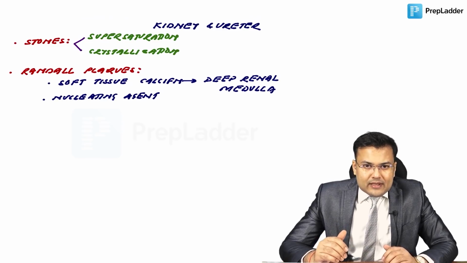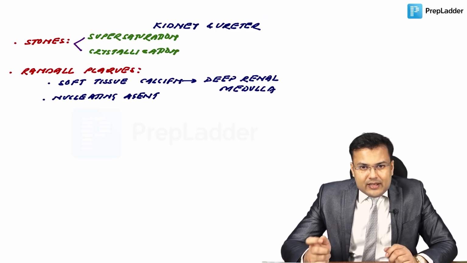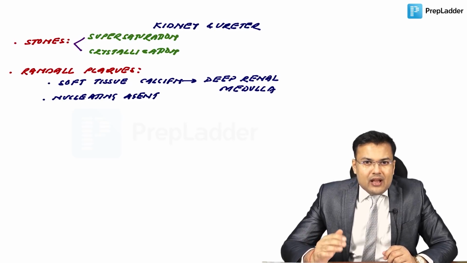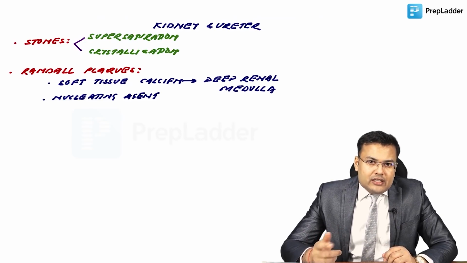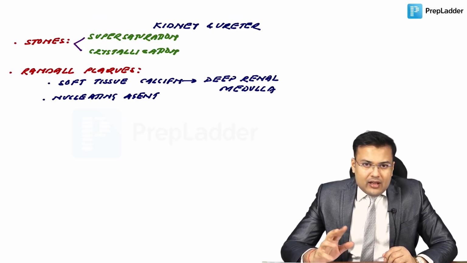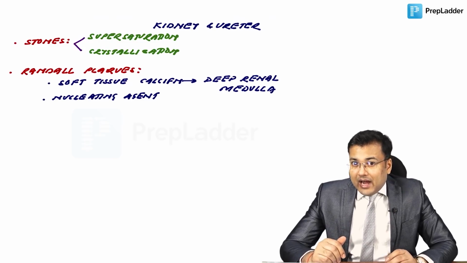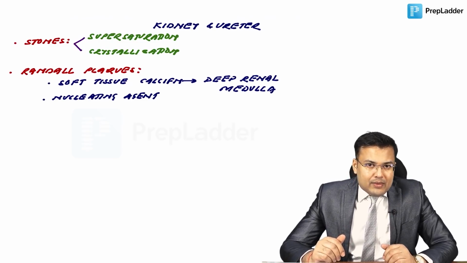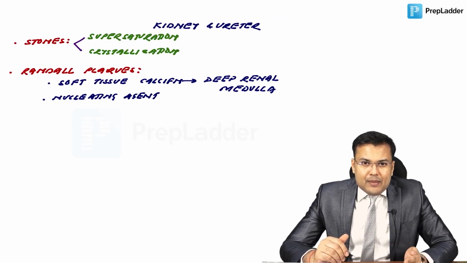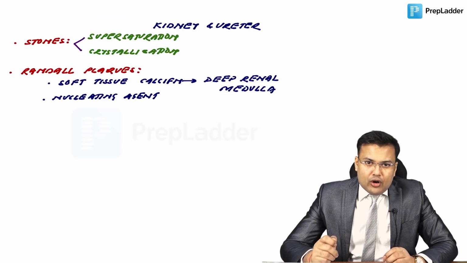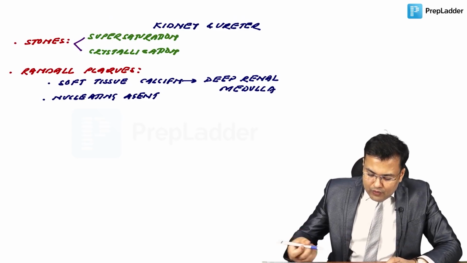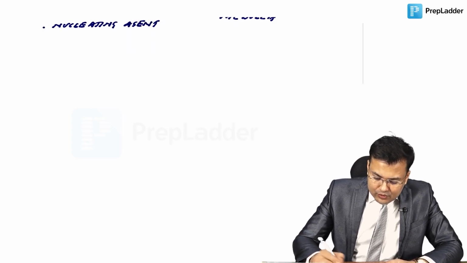So what will be the risk factors? Calcium increased concentration in the urine means hypercalciuria, oxalate means hyperoxaluria, and in which case you will find hypercalciuria, hypercalcemia. So the risk factors are hypercalcemia, hypercalciuria, hyperoxaluria. Clear?